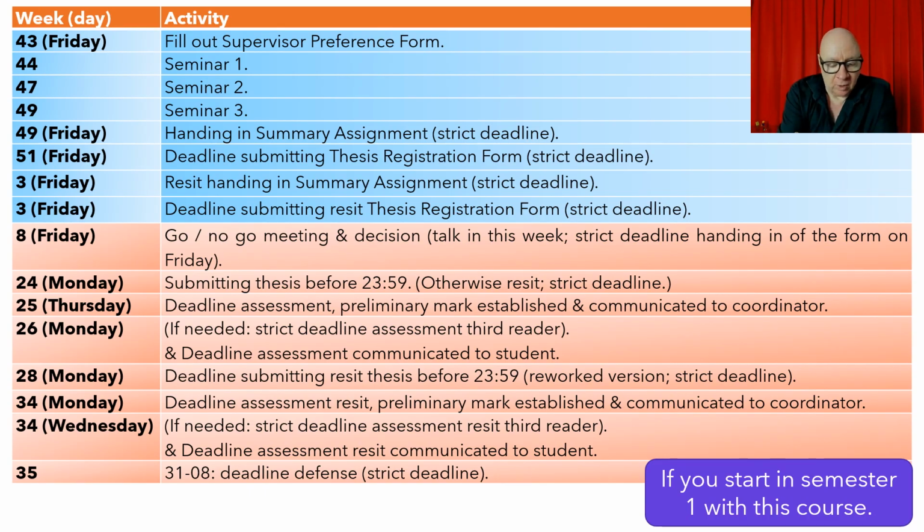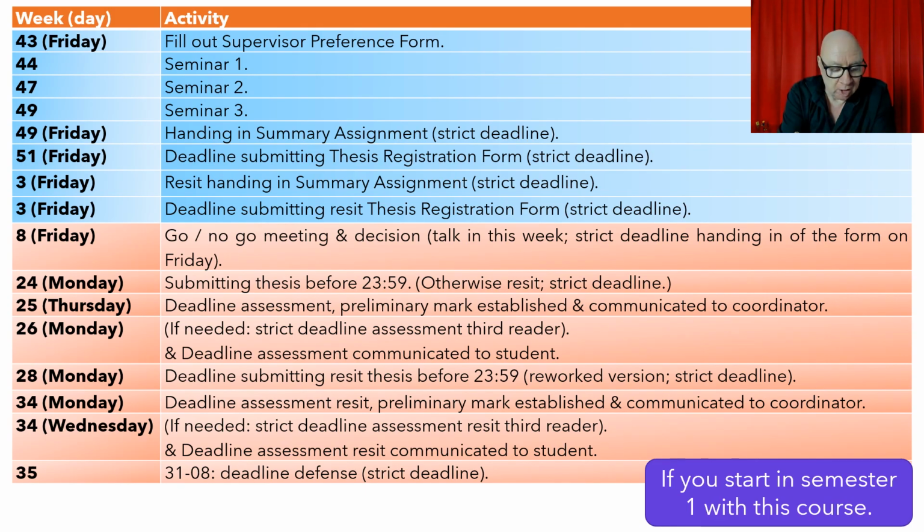Then for that semester, that is also the end of the academic year, you have the 31st of August, that is the deadline for the defense, and that's a strict deadline. Basically, the idea is if you miss that deadline, you have to pay money to enroll in the next semester.